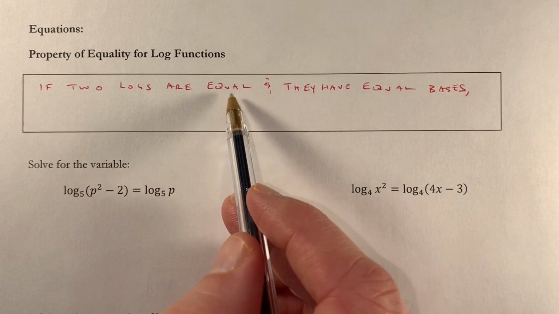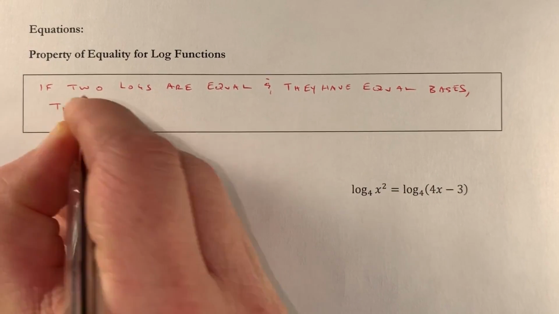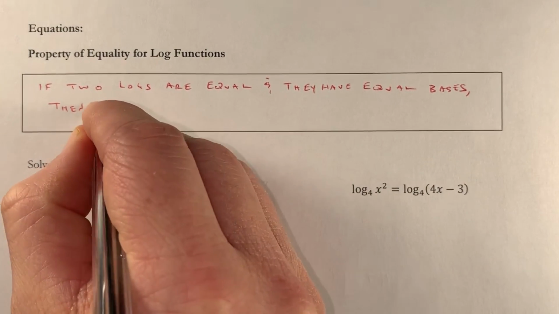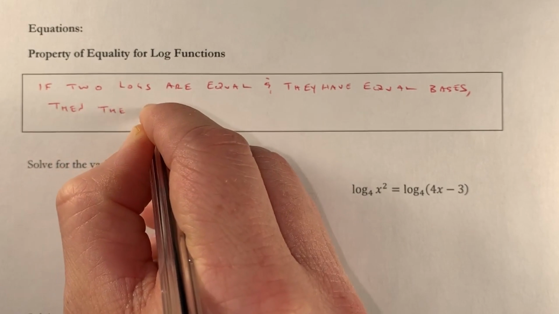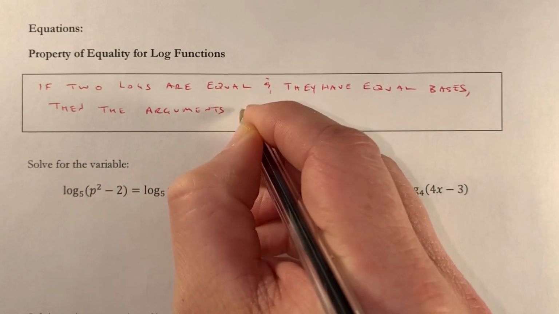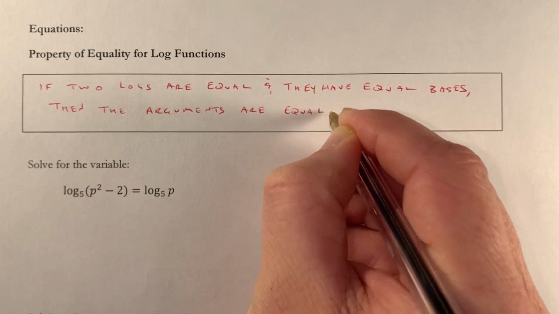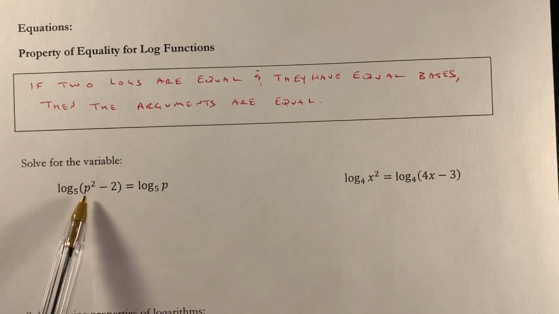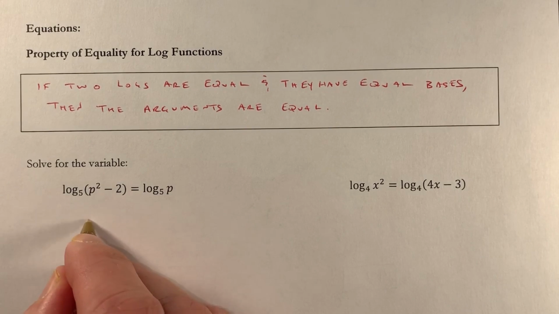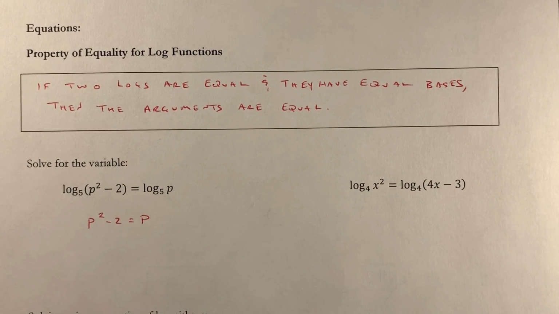So if the two logs are equal and they have equal bases, then the arguments are equal. Okay, so that means that p squared minus 2 is equal to p.